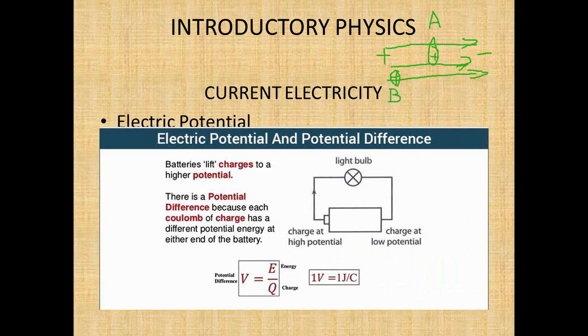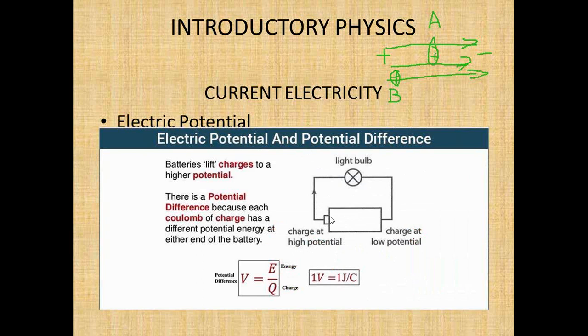So when you have a circuit, all circuits have a battery, and we call this the intrinsic or the internal circuit, and then you have the external circuit, which they usually tell you to draw. So this is your external circuit with the wires.